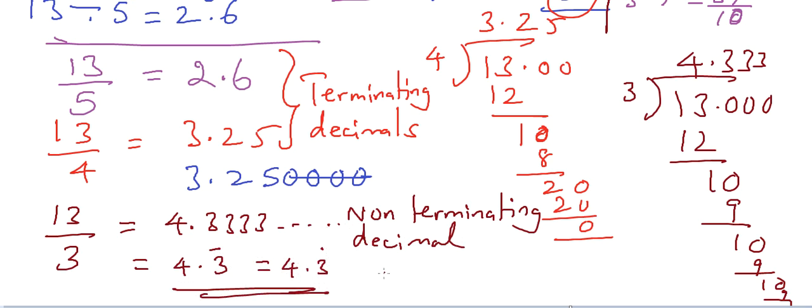So these are all called recurring decimals, non-terminating but recurring. In general, a recurring decimal means a non-terminating decimal with one or more digits repeating.